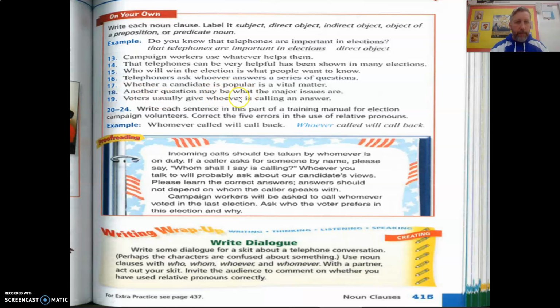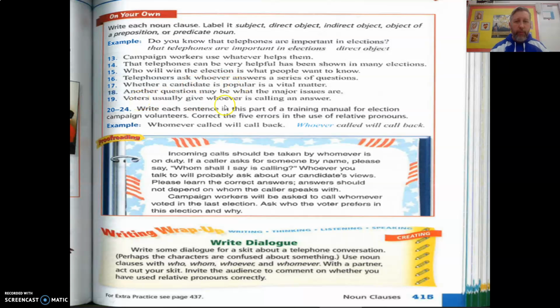Okay. For number 18, what the major issues are is actually a predicate noun for that particular one, because you got your linking verb be. Okay, so these 2 parts are being linked.